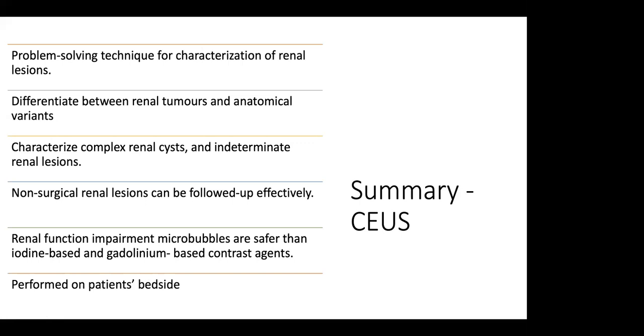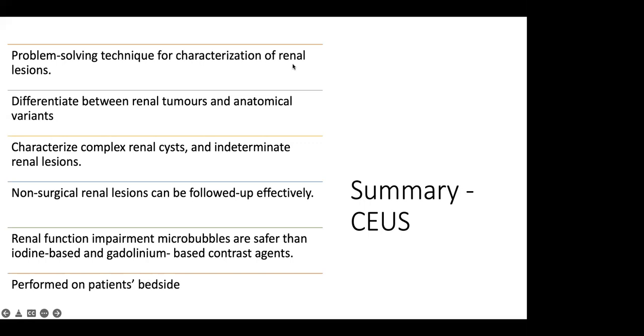The incidence of these lipid-poor angiomyolipomas is around 5%. And contrast-enhanced ultrasound may help, because these usually show enhancement at the periphery and decreased central enhancement compared with the normal cortex when we are evaluating them on contrast-enhanced ultrasound.